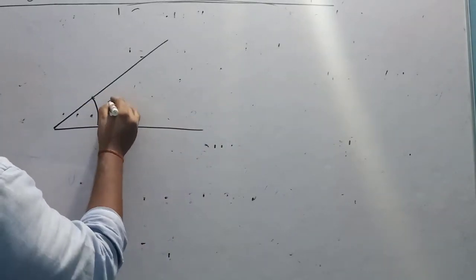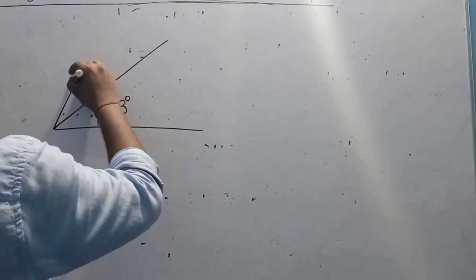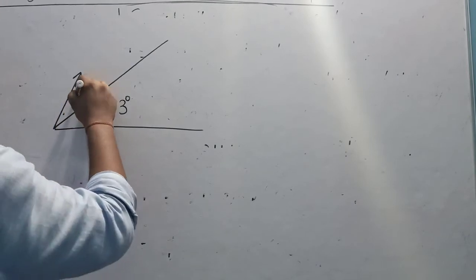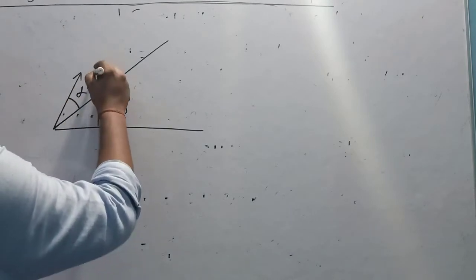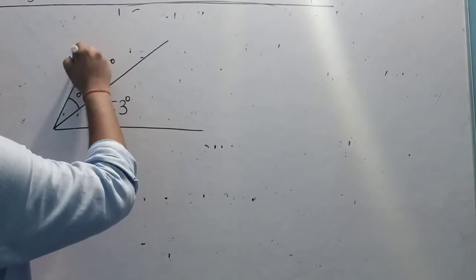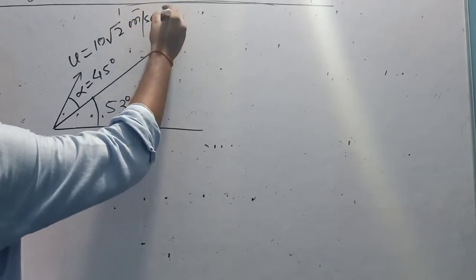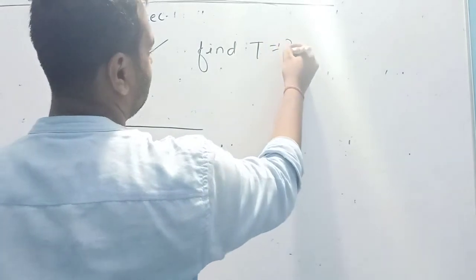Suppose this is an angle of 53 degree. Alpha is given as 45 degree, and initial velocity u is equal to 10 root 2 meter per second. Find the time of flight, simply you can calculate.